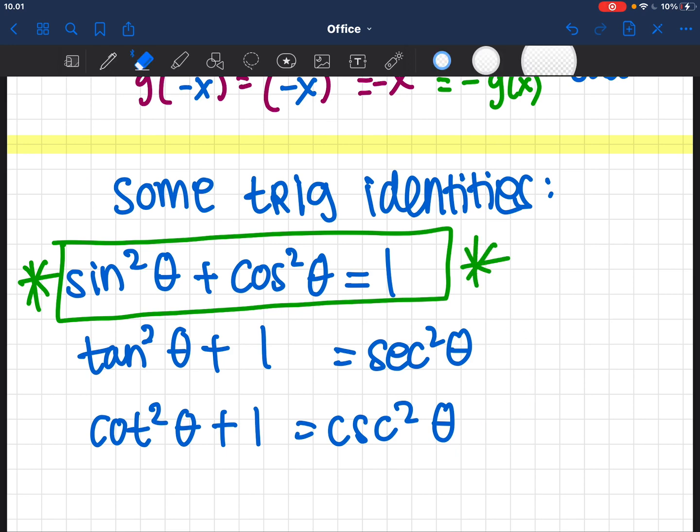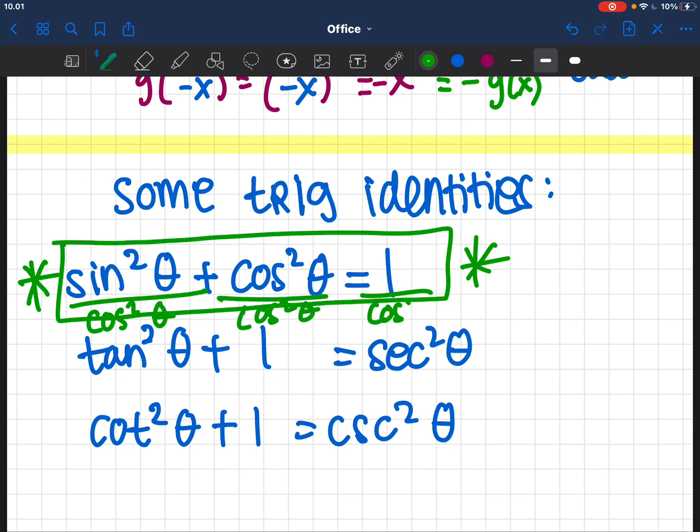As you can see, if I divide all of them by cosine squared theta, that's how I get tangent squared theta, and cosine squared theta divided by itself is 1 over cosine squared theta, that's secant squared theta.